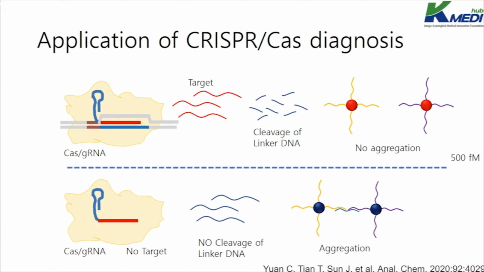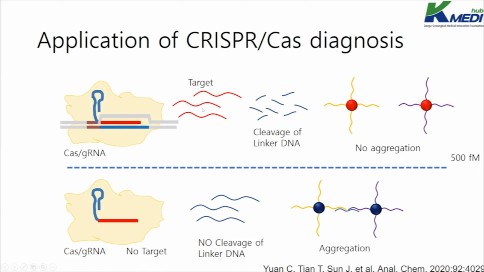Firstly, this is the gold nanoparticle-based colorimetric CRISPR sensor. In this concept, the linker DNA and the target are incubated with the Cas system. This linker DNA is designed to make aggregation of gold nanoparticles like this.